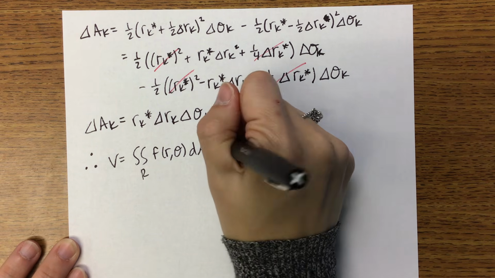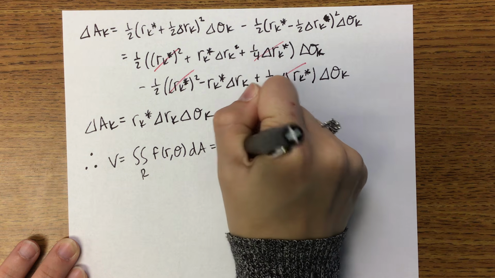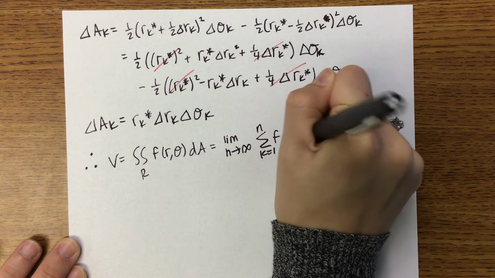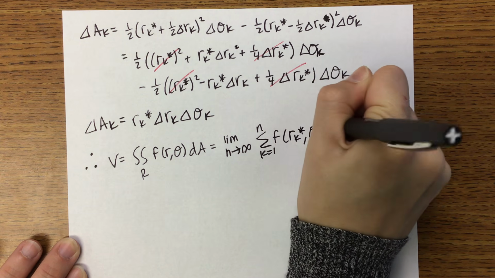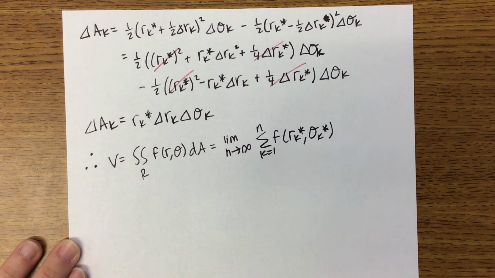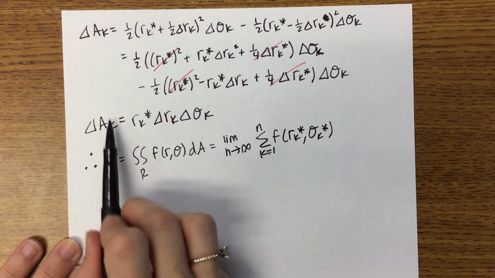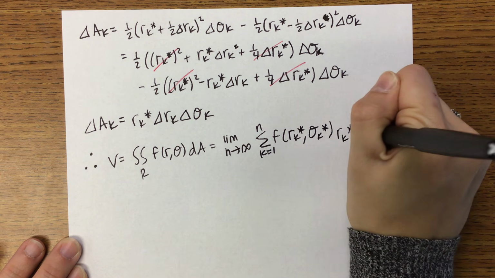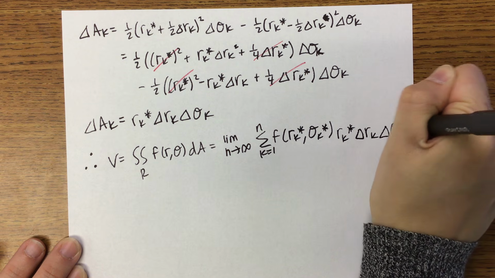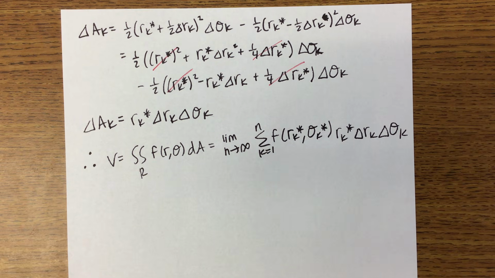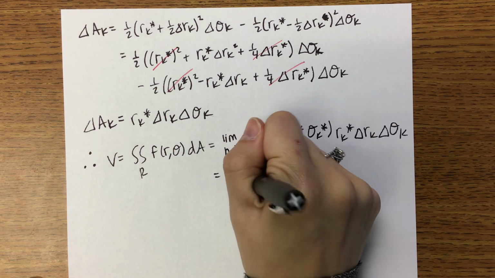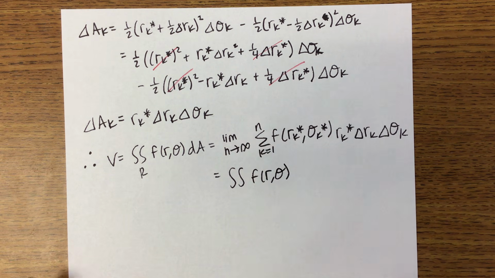Using the Riemann sum, that is the limit as n approaches infinity, from k equals 1 to n, f of r of k star, theta of k star. Instead of delta A sub k, so instead of the area of the base, we're going to put this in. This is the double integral of f of r of theta.